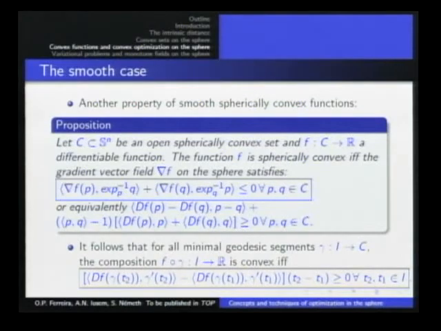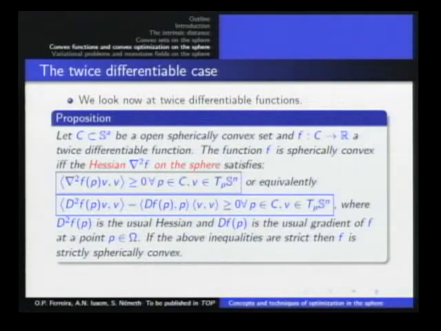Okay. It follows that for all minimal geodesic segments, the composition is convex if and only if we have this formula. This is the geodesic, this is the directional. Well, now Hessians.